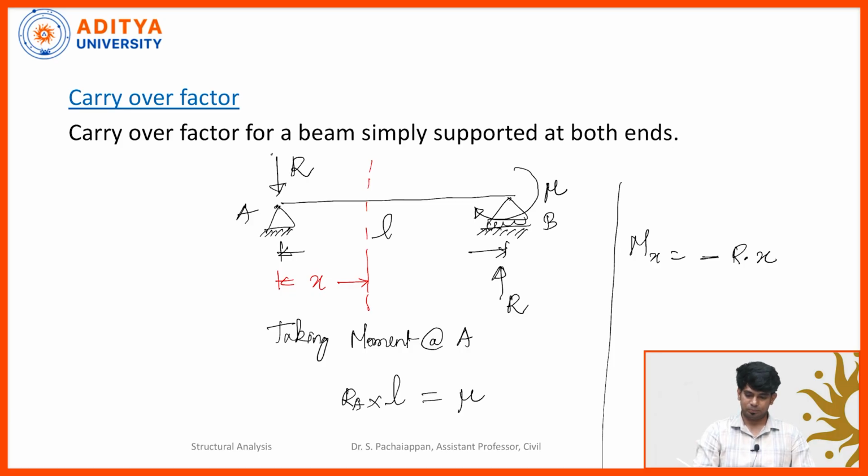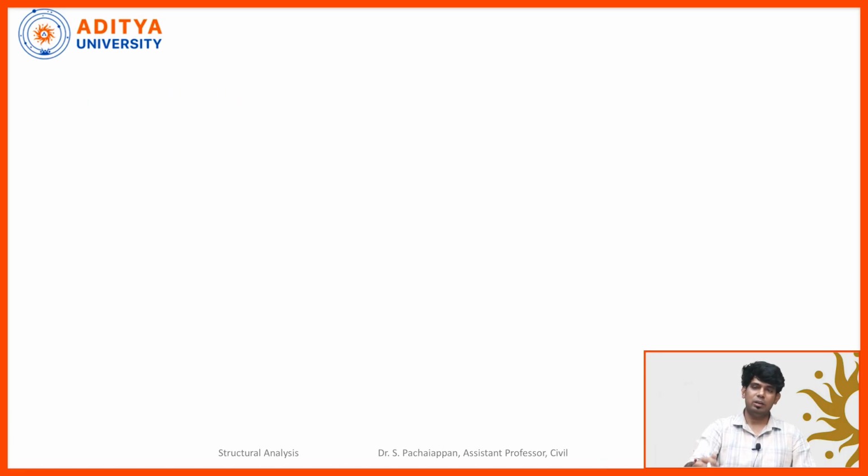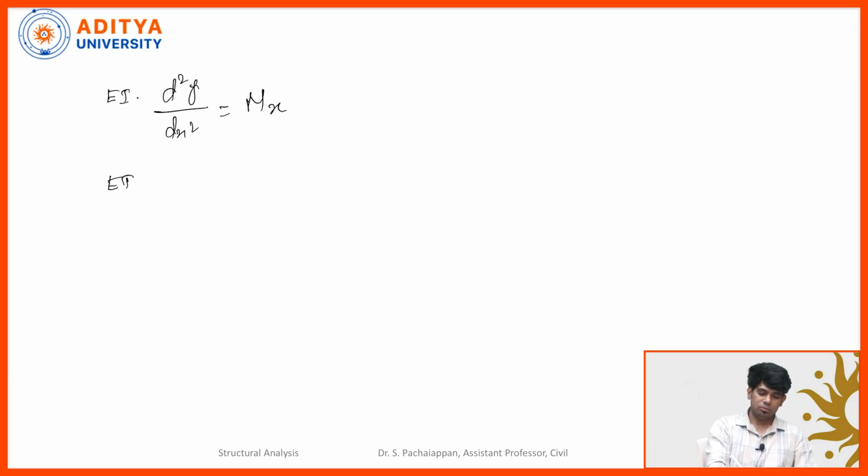Now I am going to substitute this in the double integration equation. EI d square y by dx square equal to Mx, which is minus of R multiplied by x.